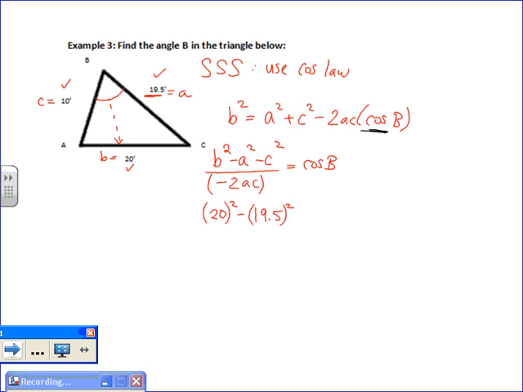It's not 19 feet 5 inches. So that's okay to leave it as 19.5 here. And minus C, which is 10, squared, divided by, altogether on the bottom here, we have negative 2 times 10 times 19.5.